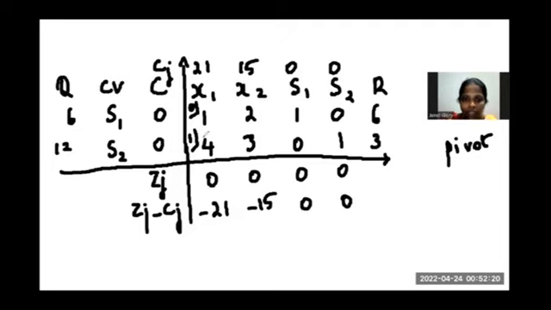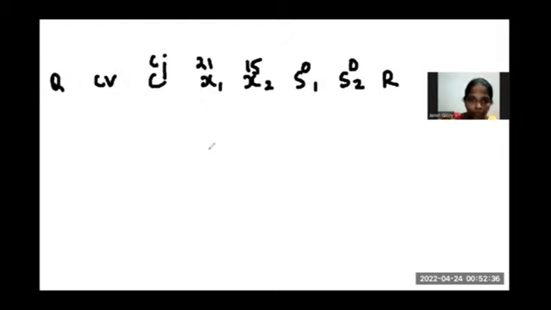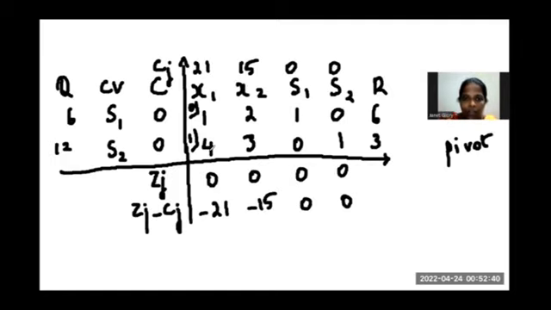While we move on to the second table, the value of 4 has to be converted to 1. So we can convert 4 to 1 by dividing the value of 4 by 4. So 4 divided by 4 is 1. So we have entered 1 here. Since we divide 4 by 4, the remaining values in this row should also be divided by 4.